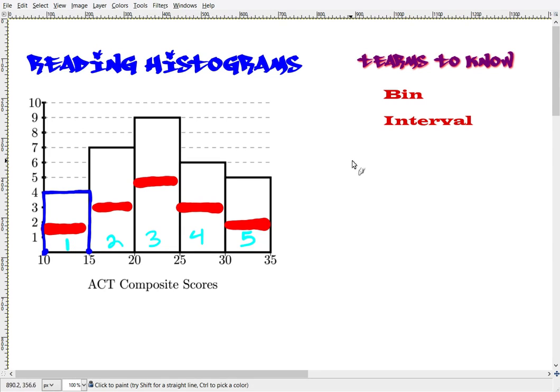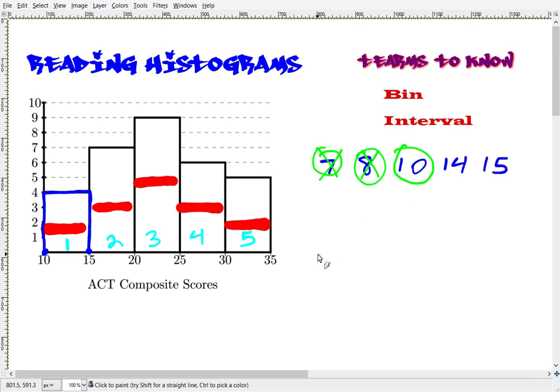So let's take a look at this for a second and say, okay, let's imagine I have the scores of 7, 8, 10, 14, and 15 as well. The idea here is that we can clearly see, as far as bin number 1 is concerned, 7 and 8 would not go in that bin, so we could just clearly cross those out. The number 10 clearly would go in bin number 1.